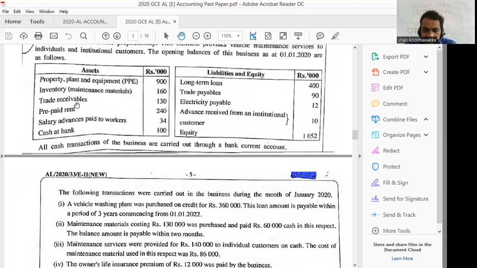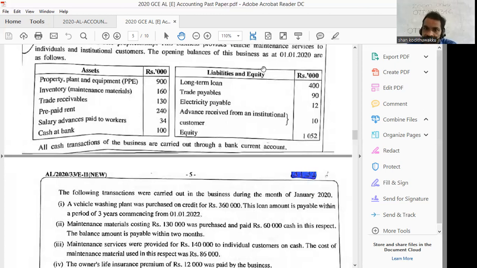Then as per the given equation, they have linked these two things: prepaid rent and salary advances paid to workers. Then you can mention under that heading the addition of these two values, 240 plus 34, that is 274.